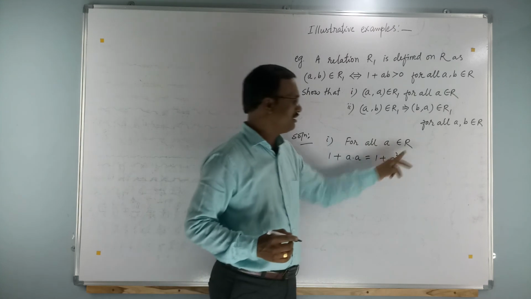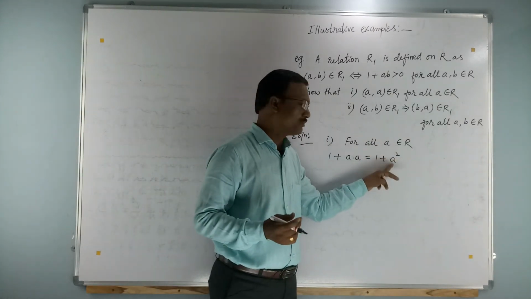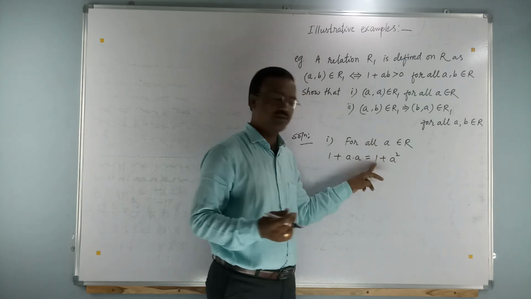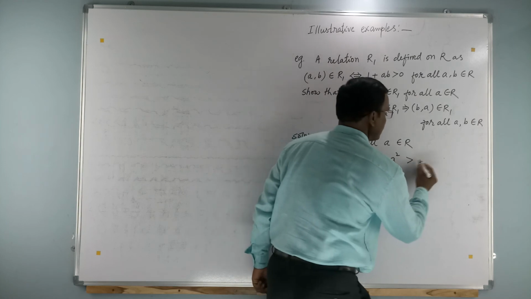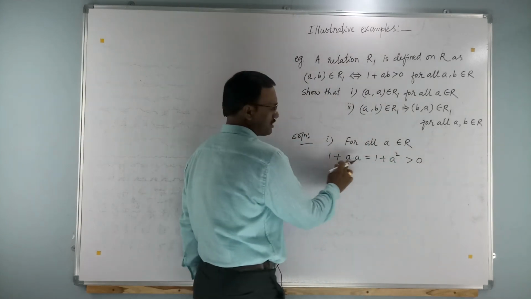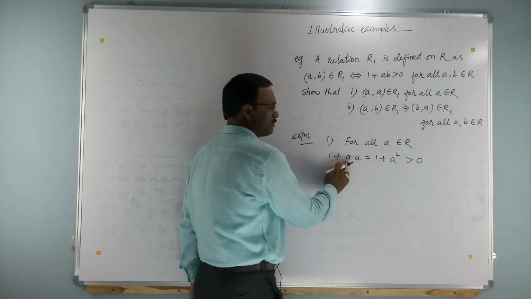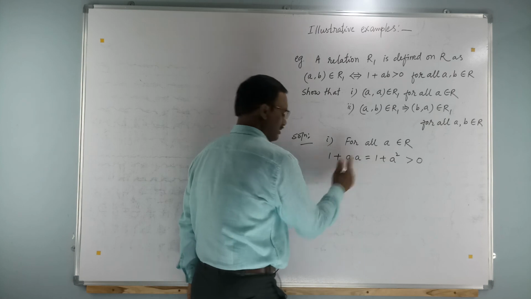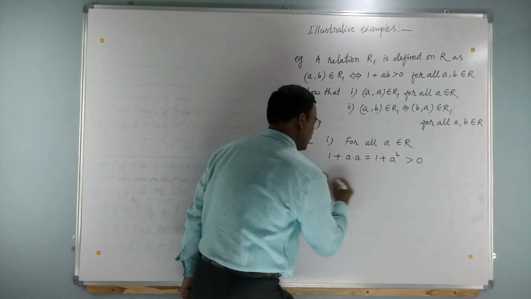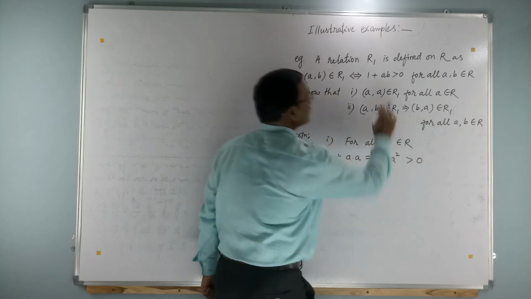Now for any real number, the square is already a non-negative number, so this is a positive number plus 1, so this is totally a positive number, greater than 0. So 1 plus A into A is greater than 0, so this is the first number in the pair, this is the second number in the pair, so this implies A comma A belongs to R1 by this definition.